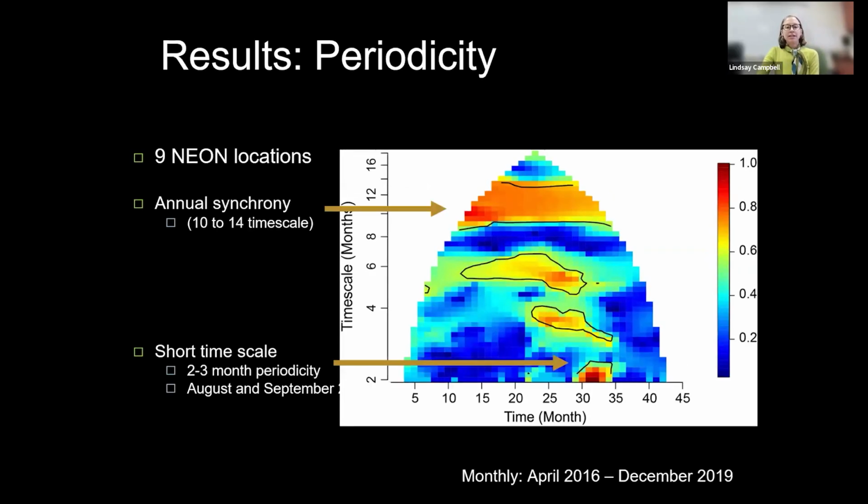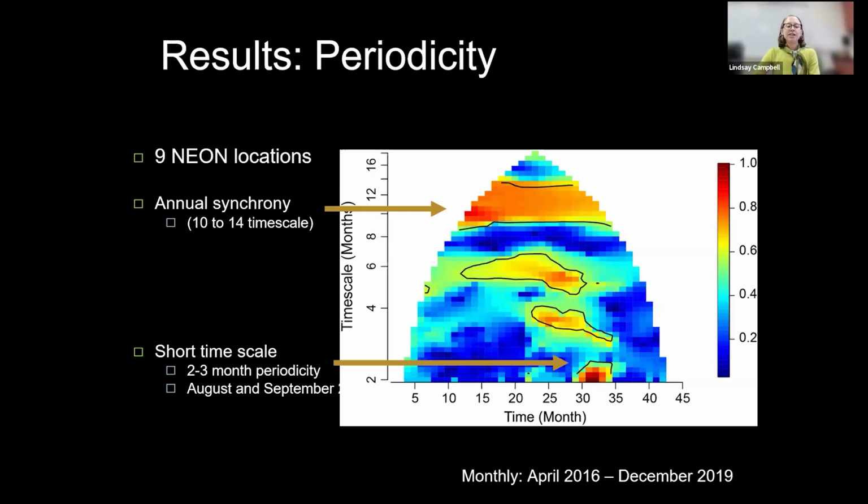Okay, looking at the Culex tarsalis, we could see that, it's not surprising, it's mosquitoes, they might have an annual time scale, that all of these locations might have similar fluctuations at an annual periodic time scale.